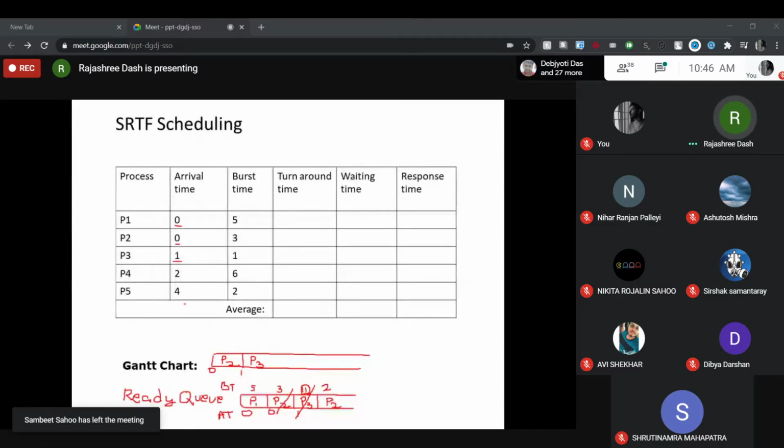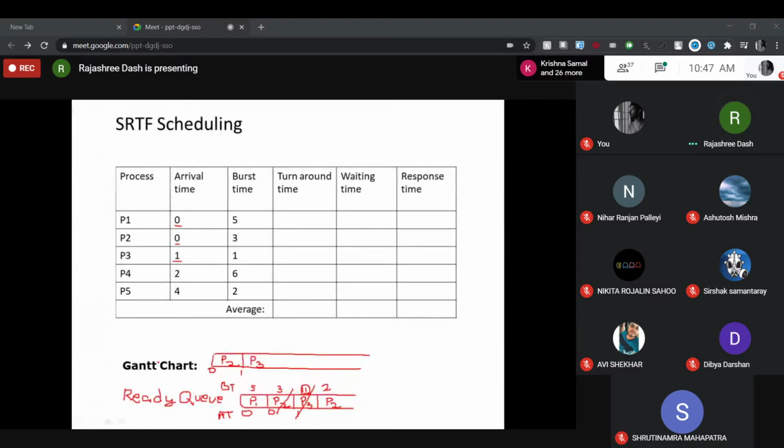Initially, at time 0, how many processes are there in the ready queue? 2 processes, P1 and P2. There are no other processes in the ready queue at time 0. So out of these 2, which has the smallest burst time? P2. So that's why P2 starts its execution first.